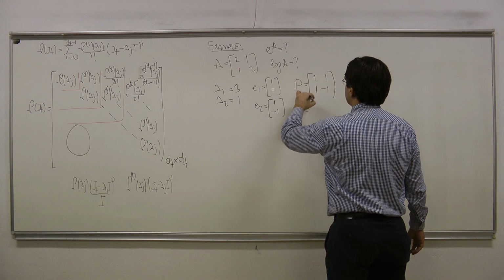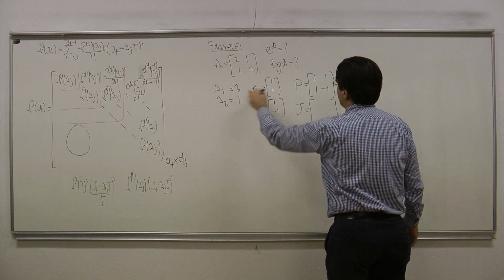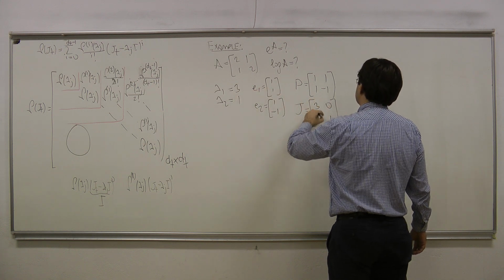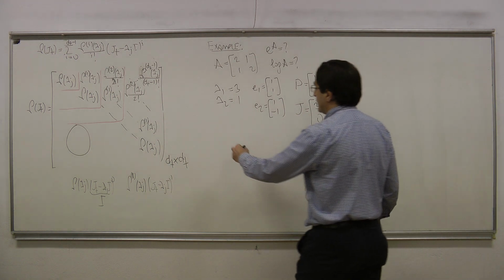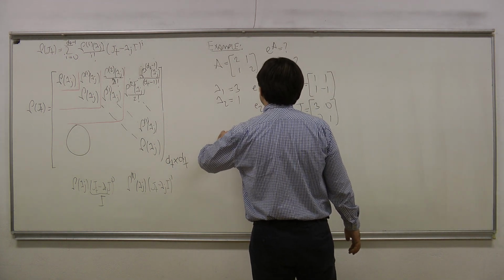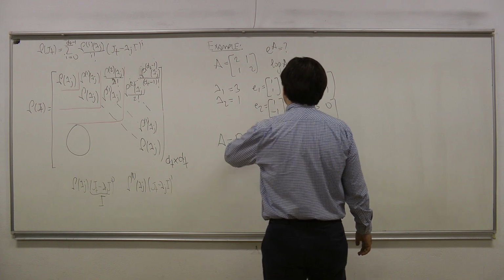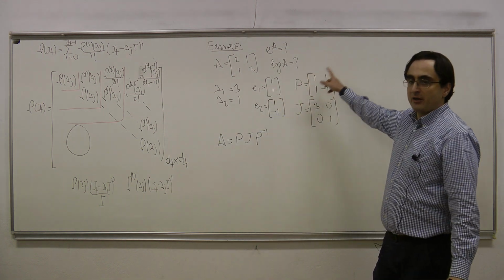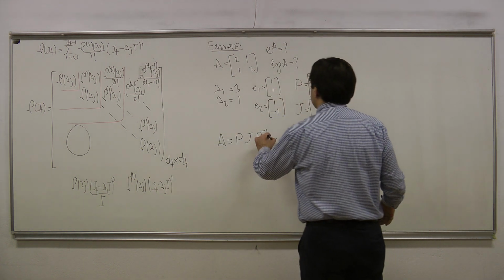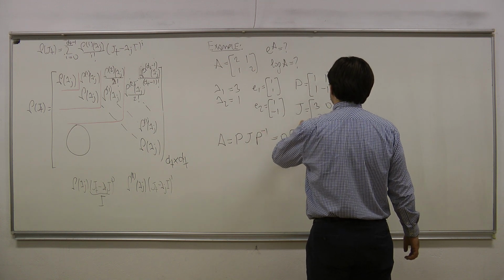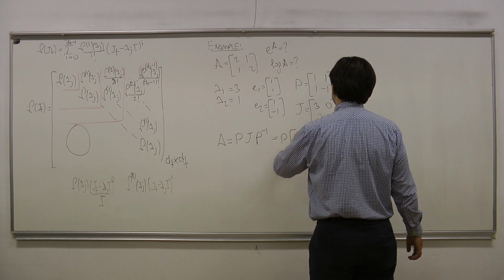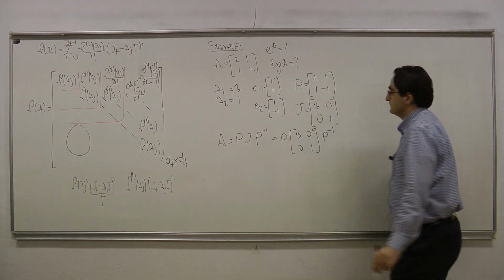And the Jordan canonical form would be diagonal, composed of the eigenvalues. Okay? So now I can write this A matrix as P times J times P inverse. This is my P matrix, and J is this, 3, 1, 0, and then P inverse. Okay?